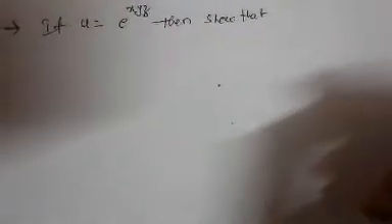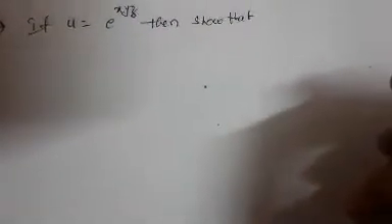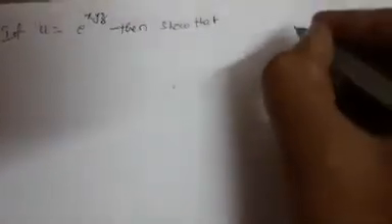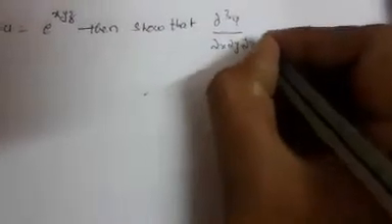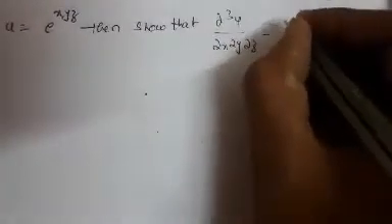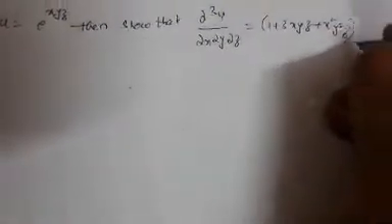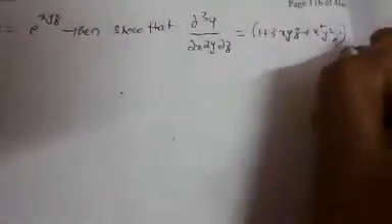Next one, if u equal to e power xyz, then show that ∂³u/∂x∂y∂z equal to 1 plus 3xyz plus x square y square z square into e power xyz.